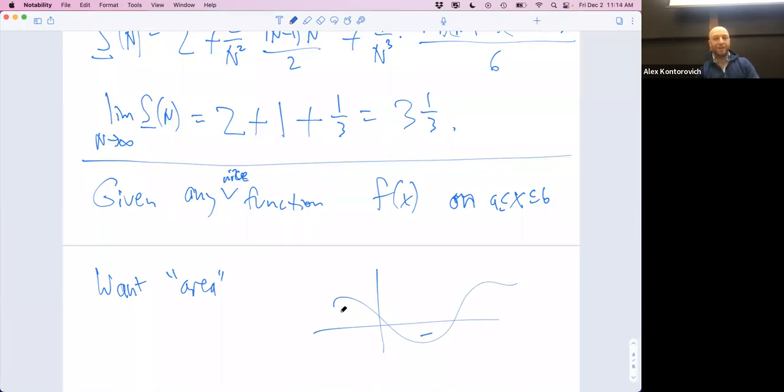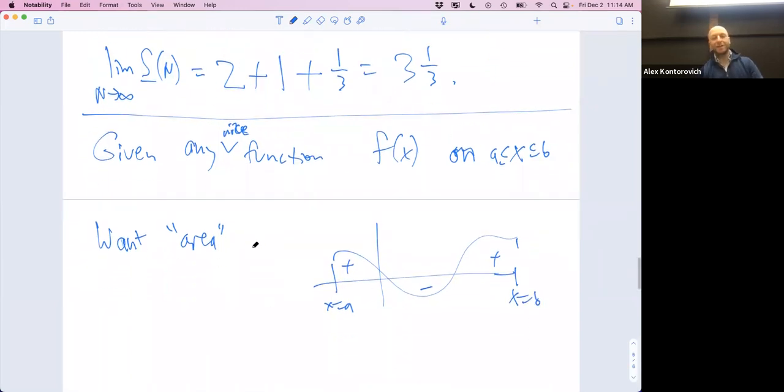This is negative area. This is positive area. Okay, here's x equals a, and here's x equals b. We want the area under the curve y equals f of x from a to b.